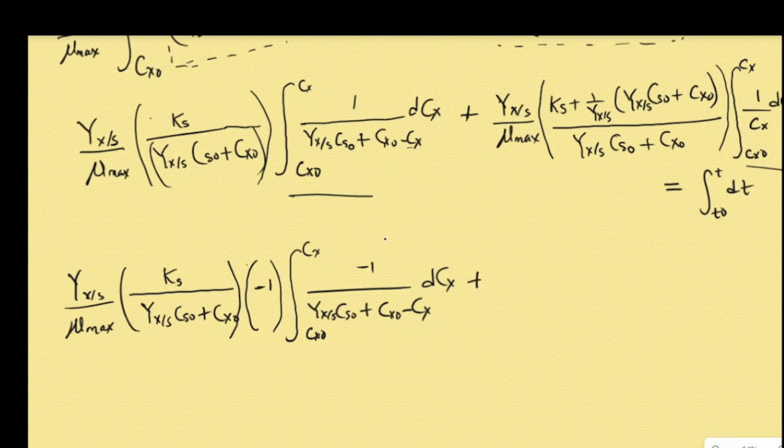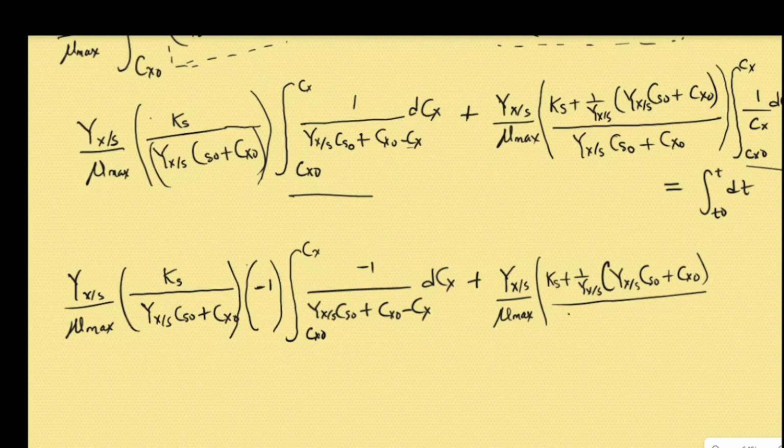Meanwhile, if we go ahead to integrate this one, we'll have Y_X/S over mu max, and we'll now have (Ks plus 1 over Y_X/S) times Y_X/S (Cs naught plus Cx naught) over Y_X/S (Cs naught plus Cx naught).